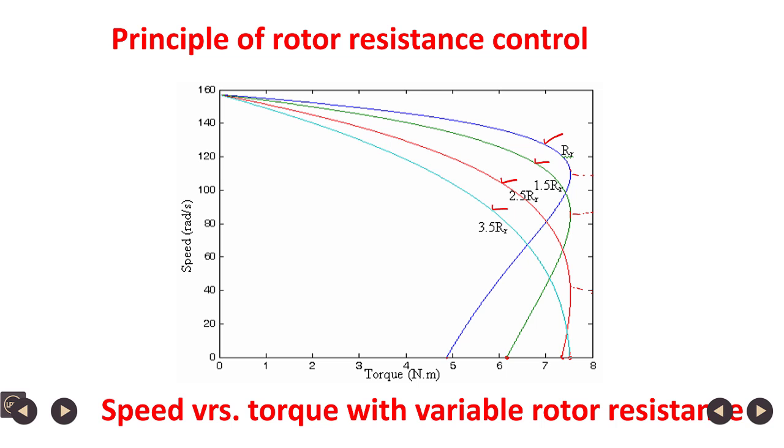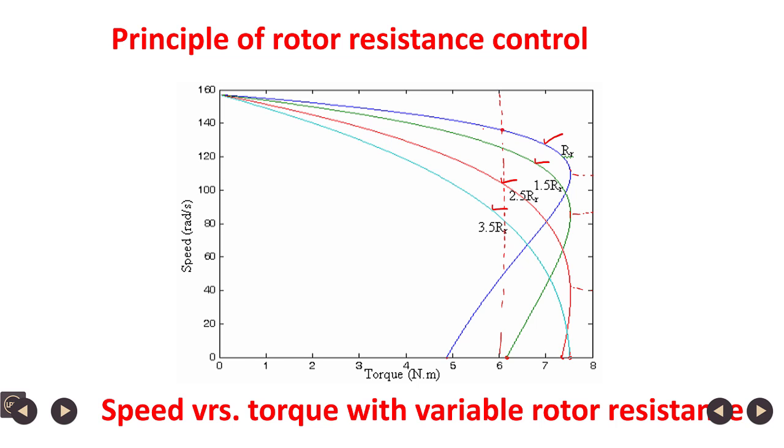Now, this principle is used for speed control. For example, suppose the load torque is given by this line. With rotor resistance RR, speed is given by this point.